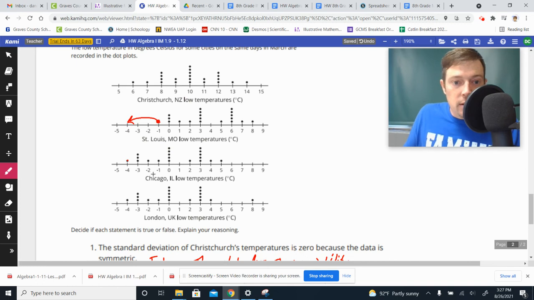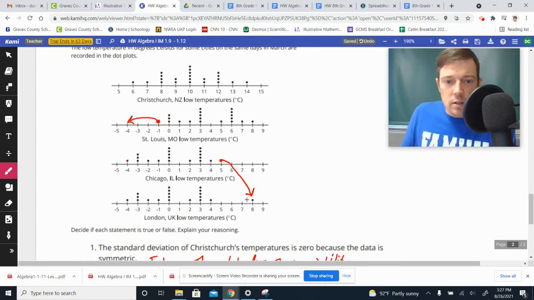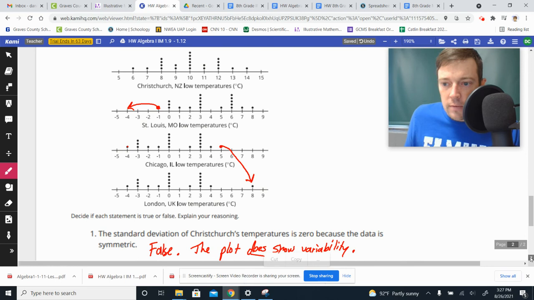Everything's identical, except the last dot for London has been shifted over to 8. How's that going to affect the standard deviation? Is that going to make London's standard deviation be bigger? Is that going to make it be less? Well, it's spreading the numbers out more, so it should increase the variability. So London should have a higher standard deviation than Chicago.